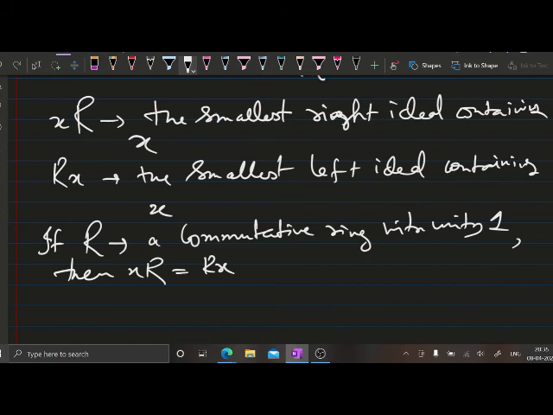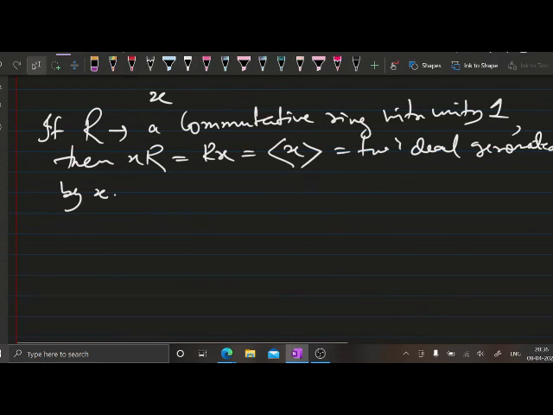Then this ideal will be denoted by angle bracket x, and it is called the ideal generated by small x.